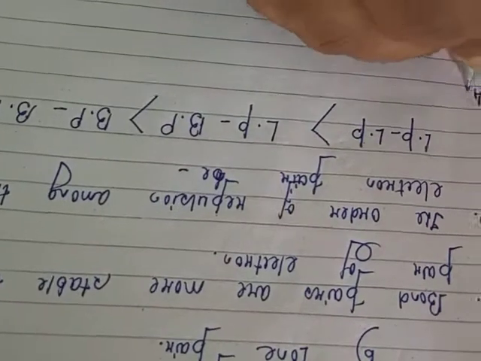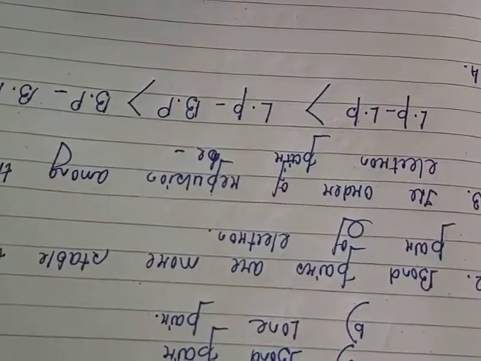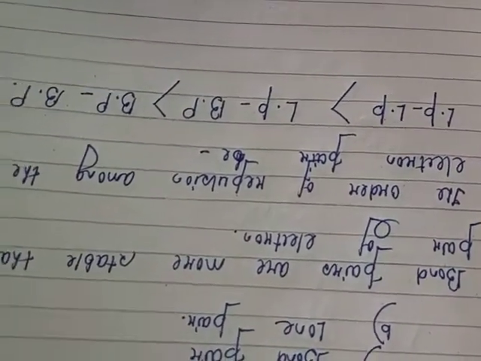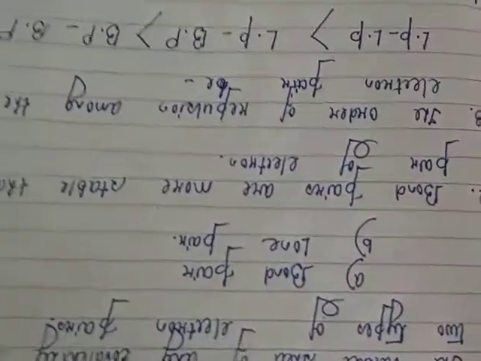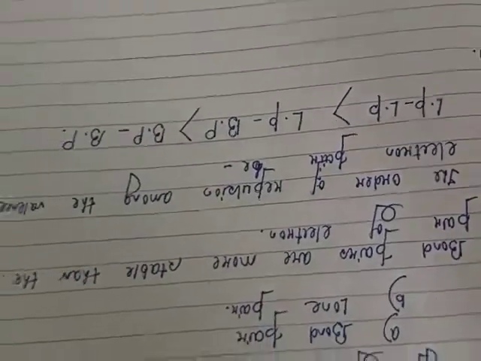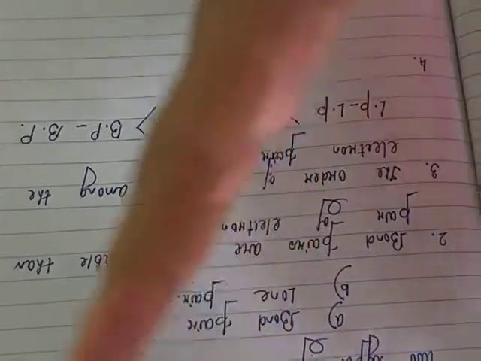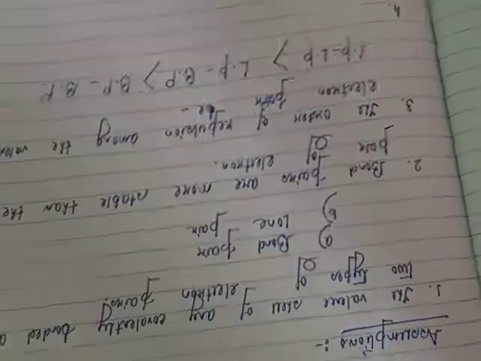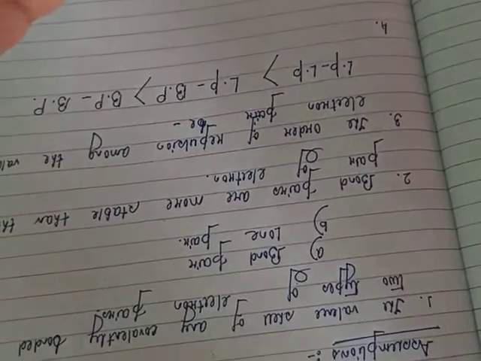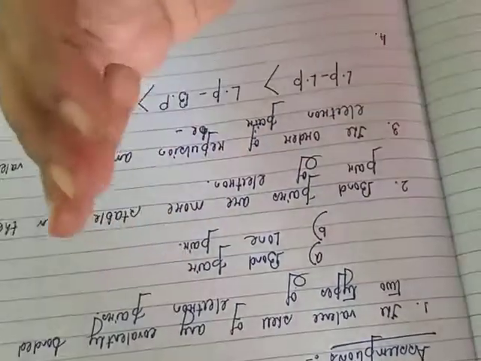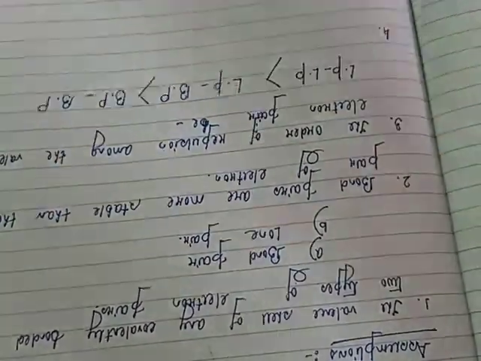Now, since the lone pair experiences more repulsion, it's obvious that lone pairs would try to stay farthest apart from each other, and thereby they would try to squeeze or compact the bond pairs.